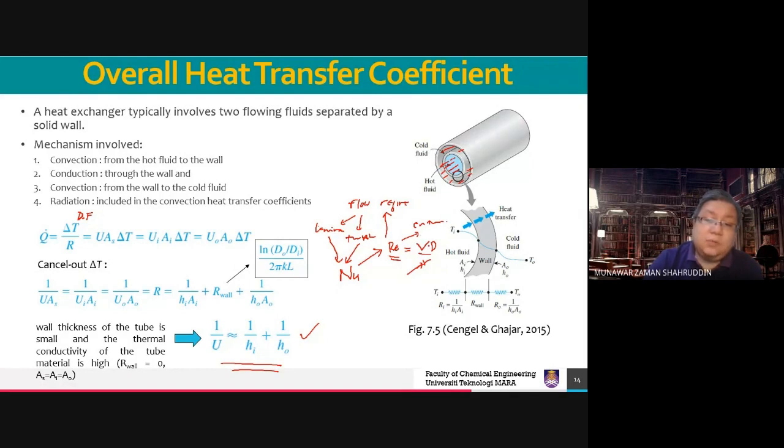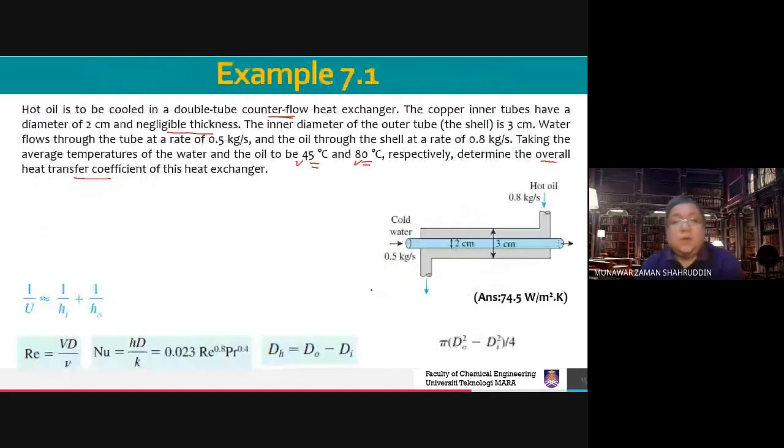From m dot tu you boleh dapat V ni, and then D ni pun ada. So nak pakai nu ni, dan juga adalah beberapa equation lagi, Prandtl number. So that information will be evaluated at this two temperature. For water is 45, you ambil properties at 45, and dekat oil you ambil properties at 80 degrees.